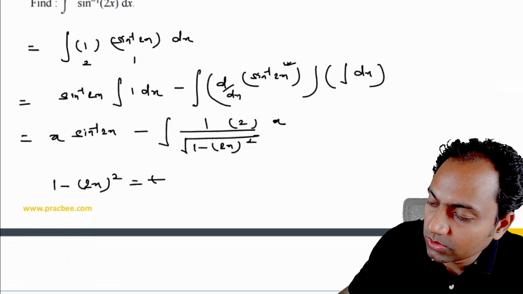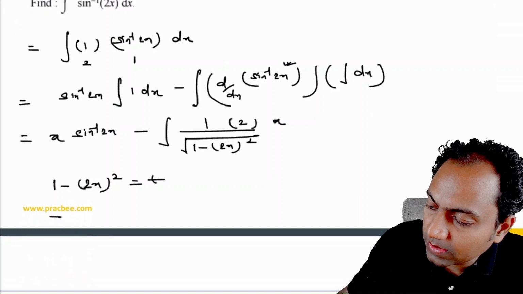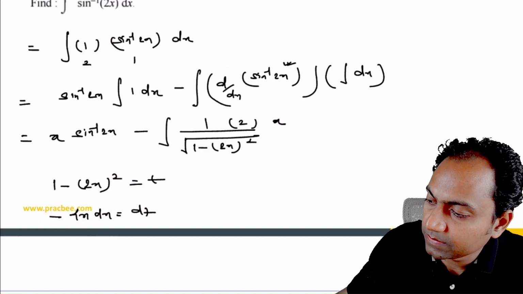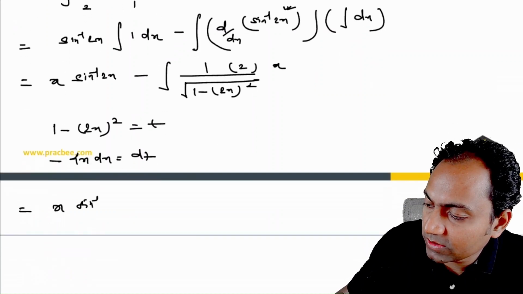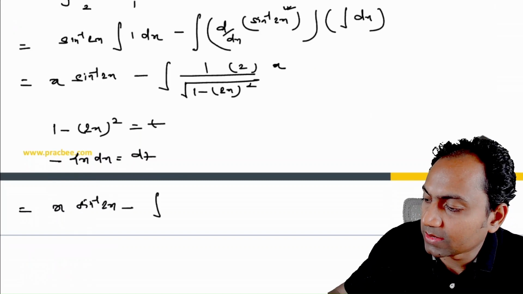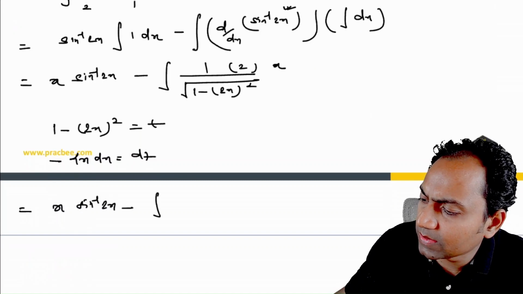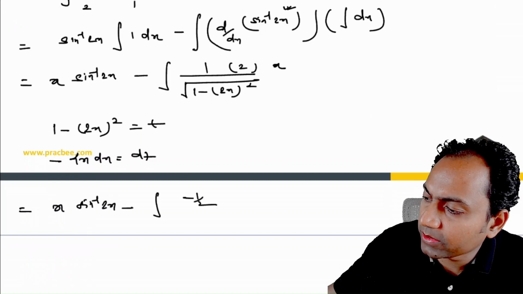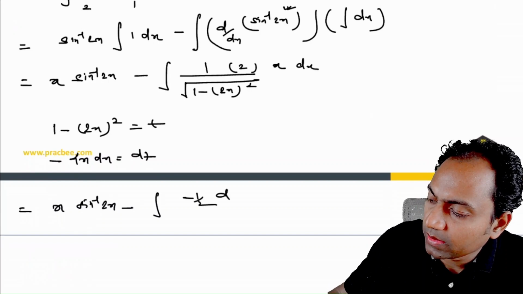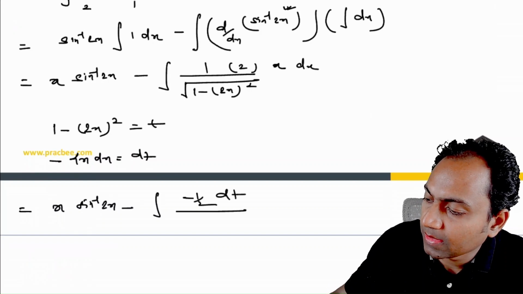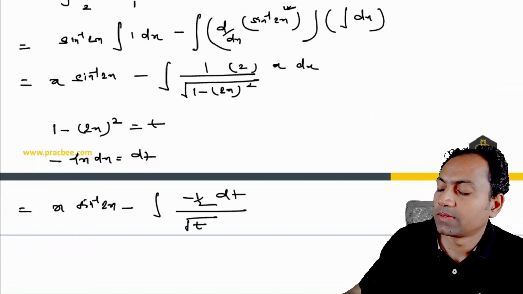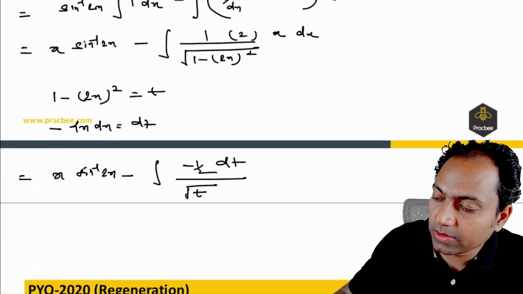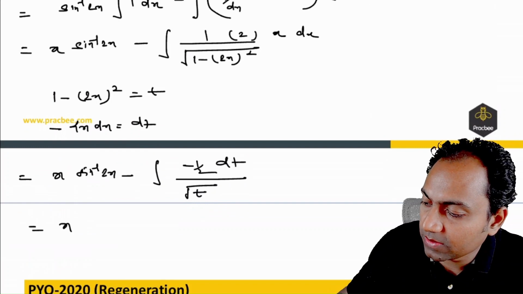If I do so, the differentiation becomes nothing but minus 4x dx is equal to dt. And if I do it, it becomes x sine inverse 2x minus, this will become minus 1 by 2 dt by root t. And if this happens, what I can do is I can integrate it very simply.